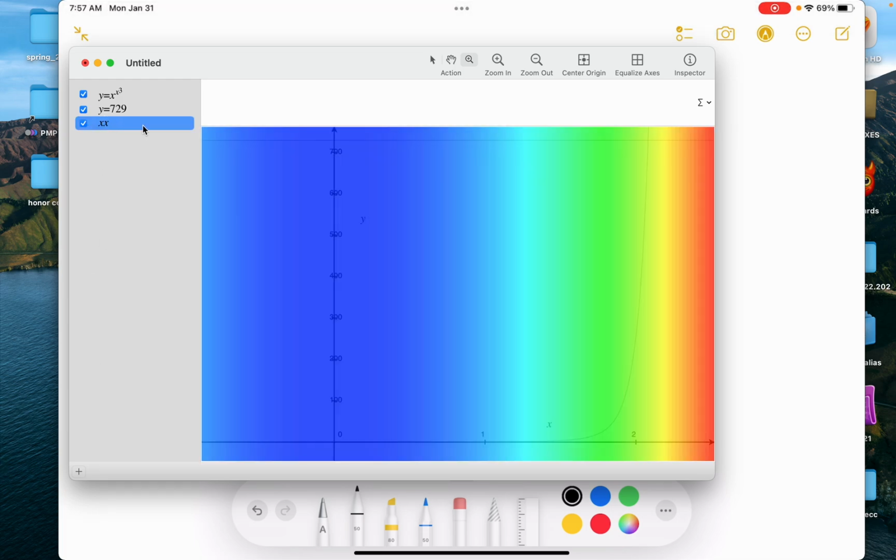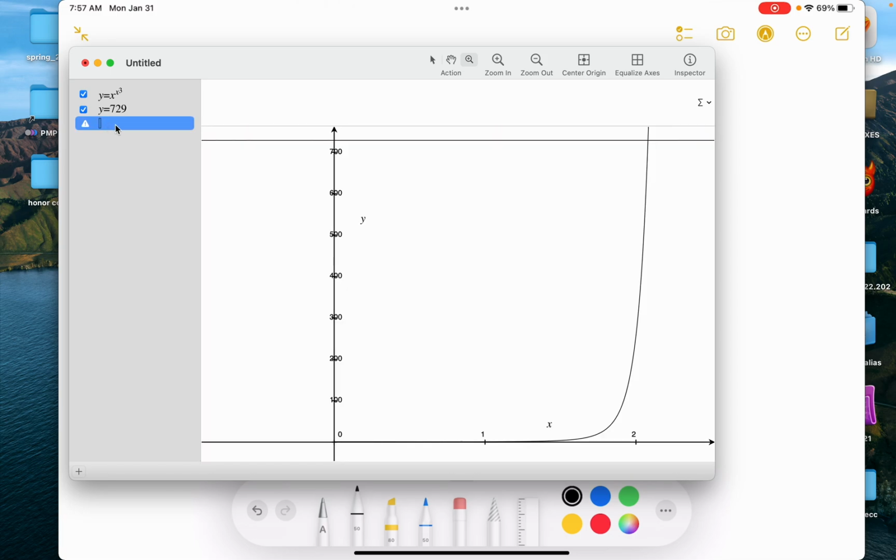Give me 1 second. Whoops, I didn't mean to do that. x, whoops, I'm going to go over here. x equals, something's wrong with my keyboard. Let me just delete that.